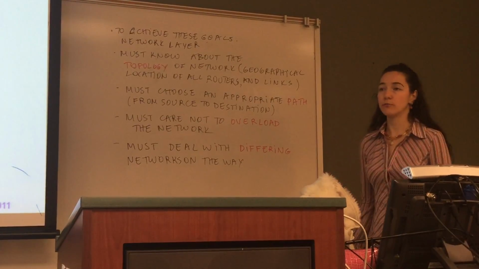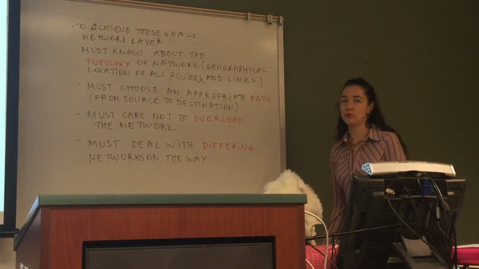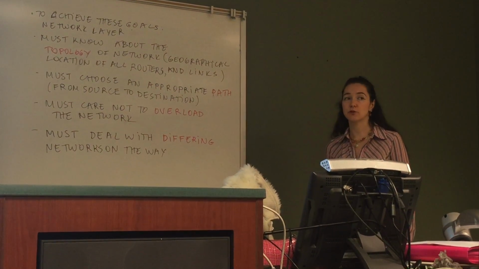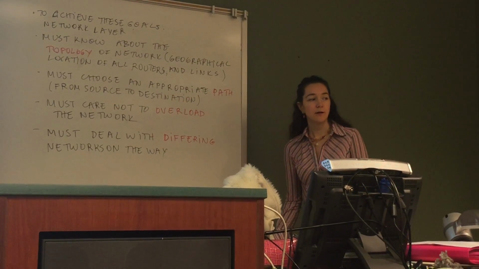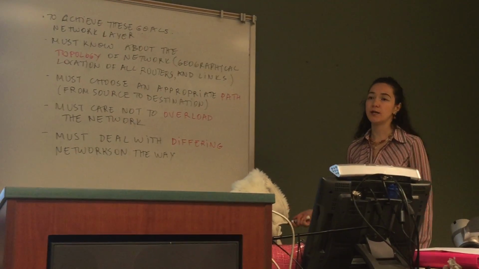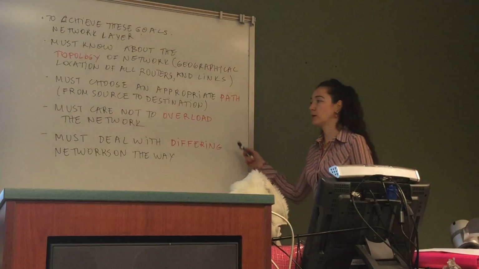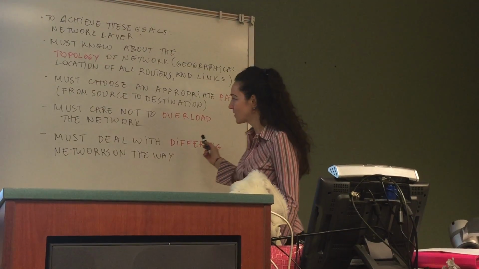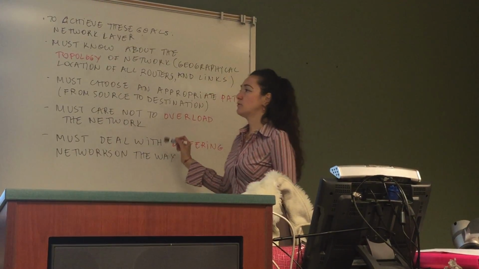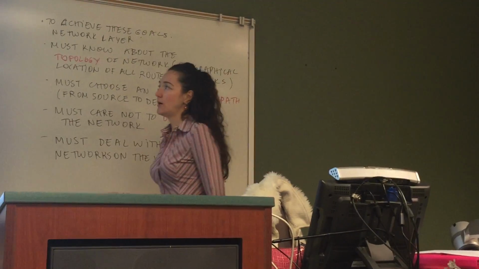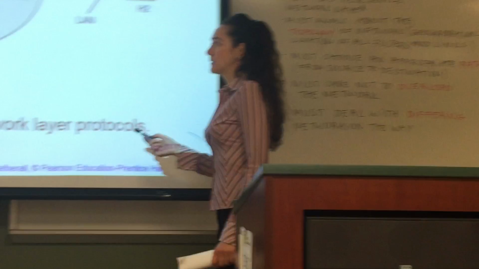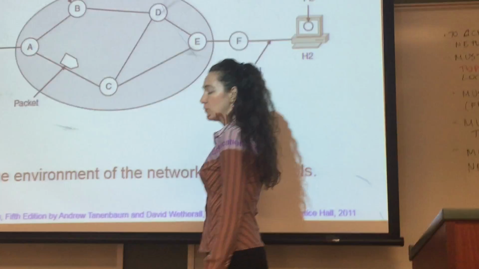There's a lot of networks from here to China that we have to go through. And some of these networks could have different parameters and configurations than the network where the packet originated from. So the network layer is the one that needs to dynamically adjust its properties as the packet travels through.